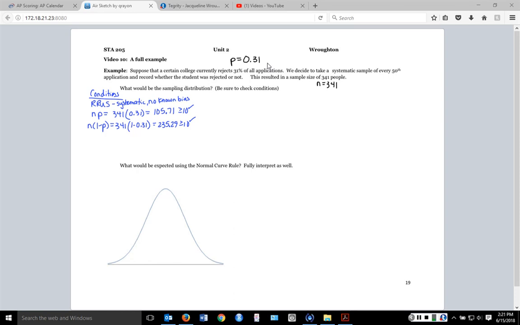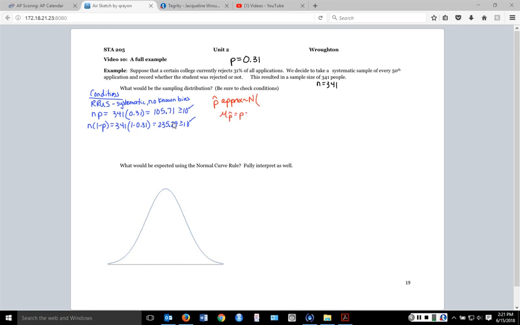So of our 341 applications, we expect roughly this 106 to be rejected and the other 235 to not be rejected. So our conditions are met. So we will be able to say then that our p hat will be approximately distributed normally.